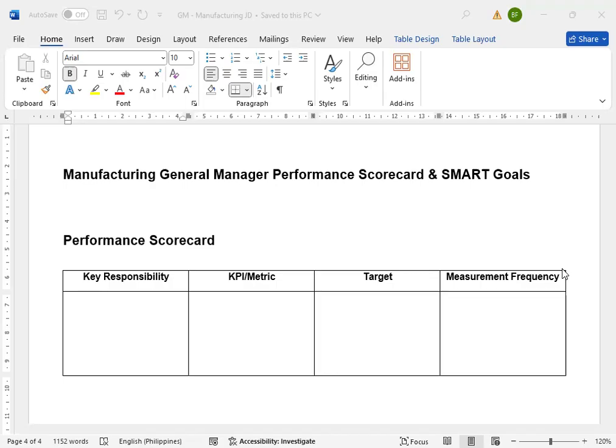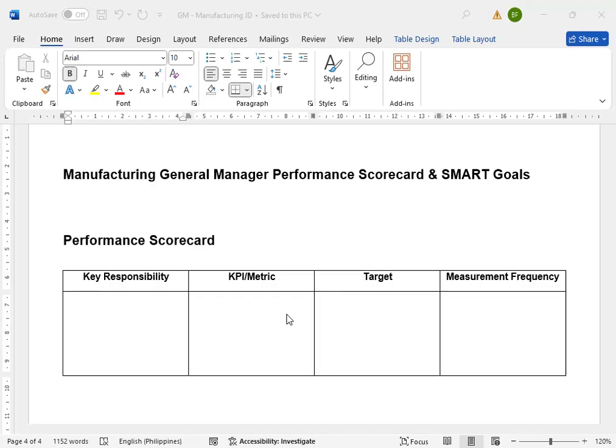So now what I'm going to do is give you the performance scorecard samples that you have to study and learn how to do it yourself when you're doing other performance scorecards on other roles or other key areas or key responsibilities that you want to improve.